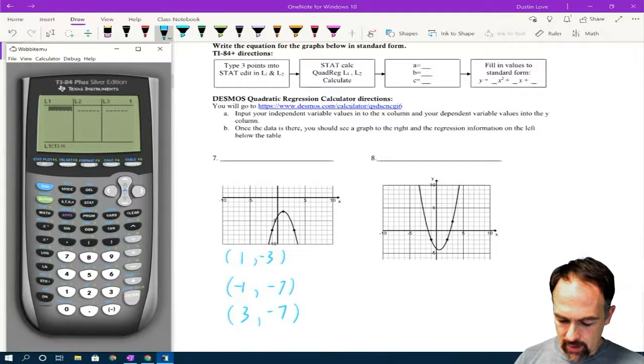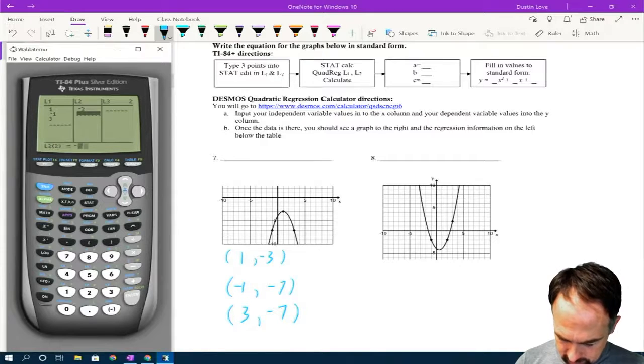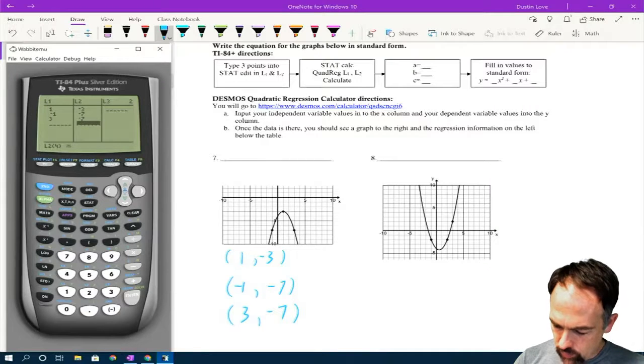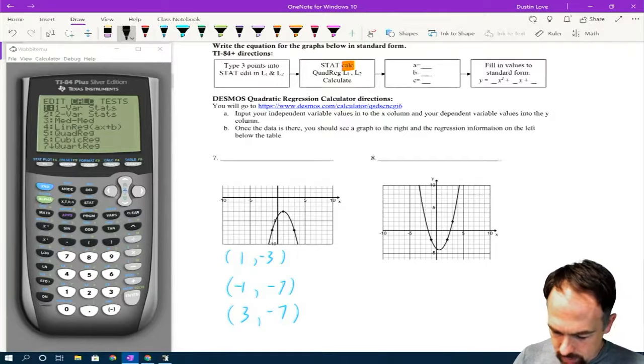Now, we're going to put the X values in L1 and Y values in L2. So in L1 we've got 1, -1, and 3. In L2, we've got -3, -7, -7. Now we're going to go to Stat, arrow right over to Calc, then down to Quadratics and press Enter.